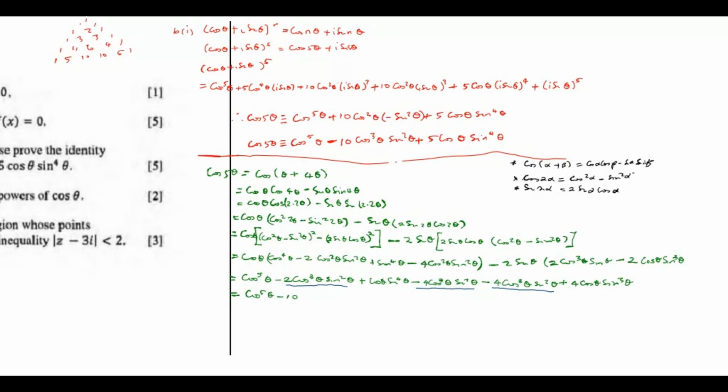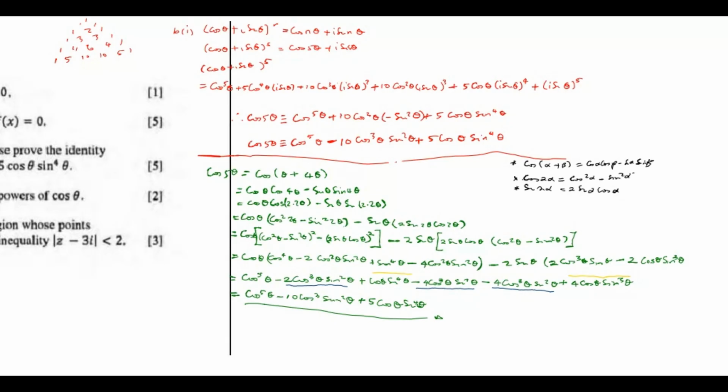Then lastly, when we combine the ones with cosine to the power 4, that one and that one, is going to be plus 5 cos theta sine to the power 4 theta. That becomes the answer if you were to use the alternative method. However, it's very long. If you check, our answers are the same, this one and this one. Then we go to the next question.